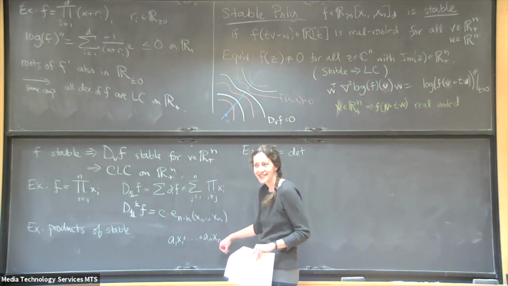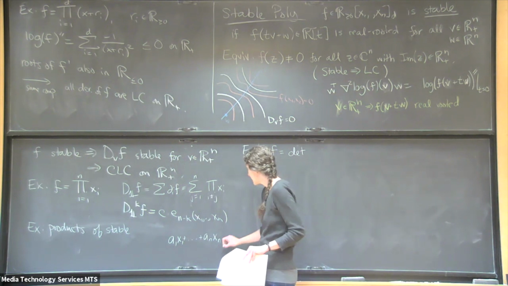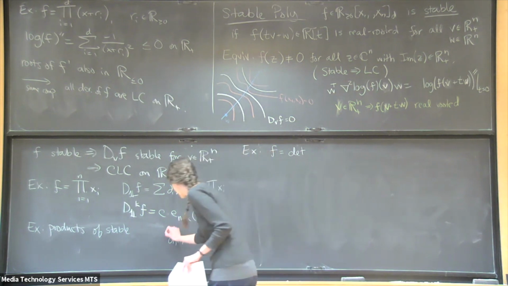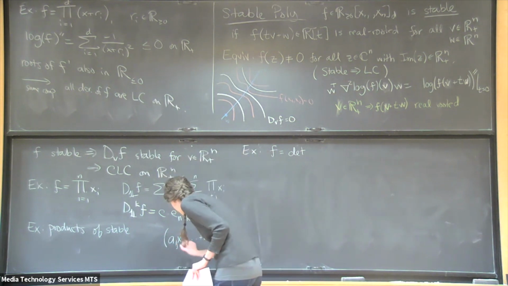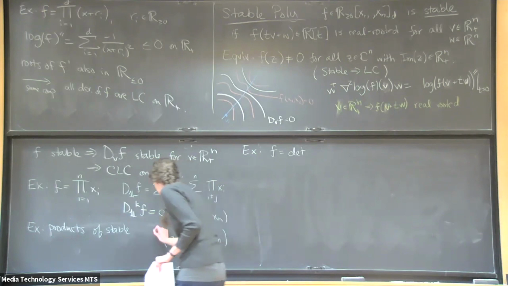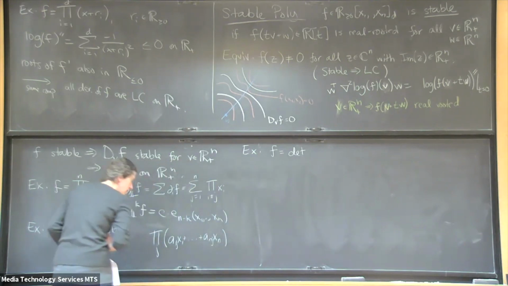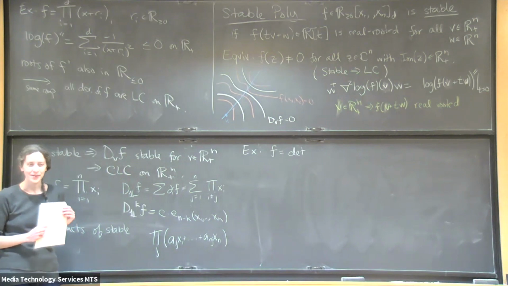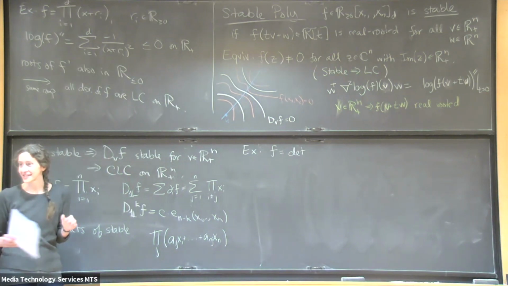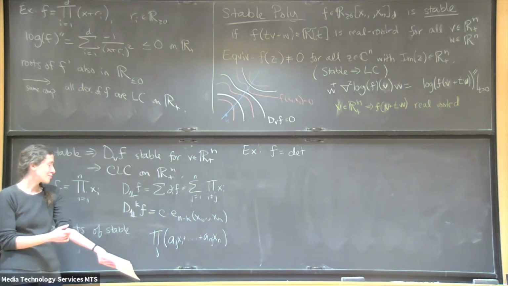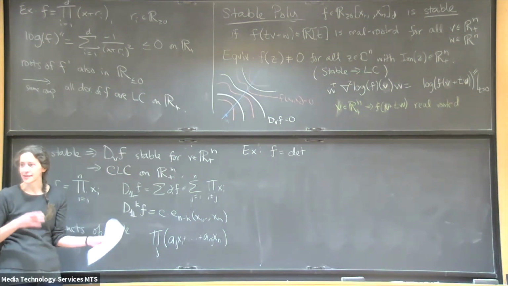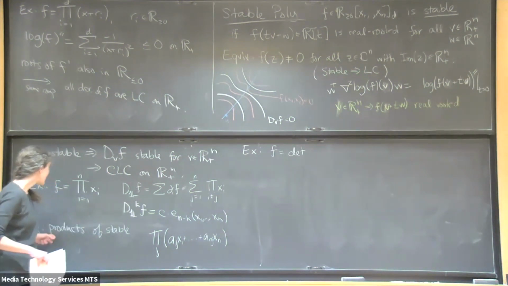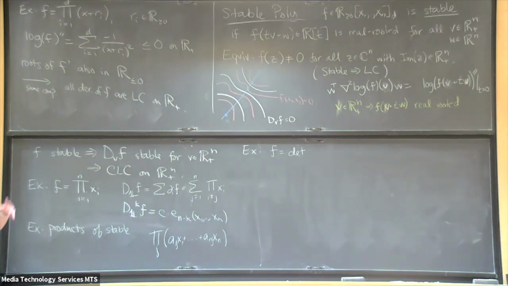It's not too hard to see that that will be stable. And then you can take products of these, which are stable, and that's maybe useful. Gurvits used this to prove the van der Waerden conjecture on doubly stochastic matrices. So that's another way to generate examples.